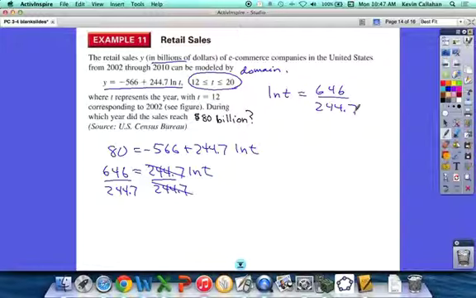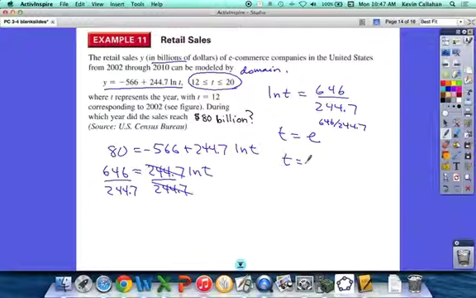Okay, what do we do now? We've isolated the logarithm. Convert it, exponentiate, or convert to an exponential, right? What is the base of the logarithm? It's an e, right? So this will be t equals e to the 646 divided by 244.7. And that you could put in the calculator.